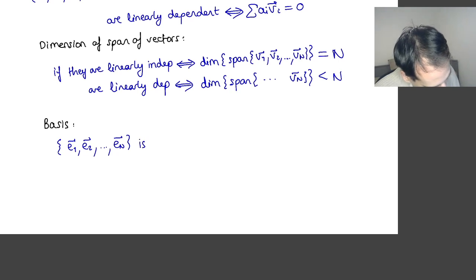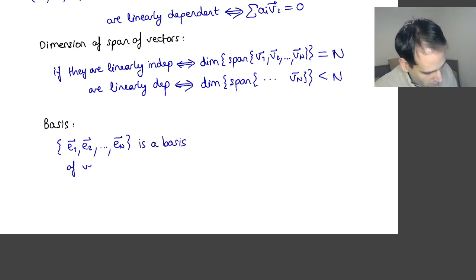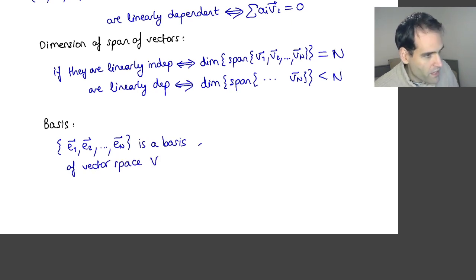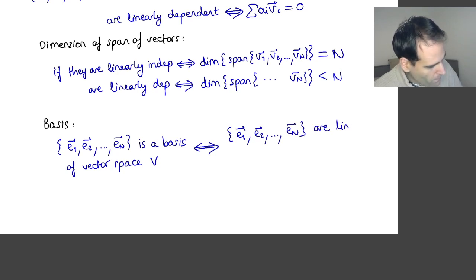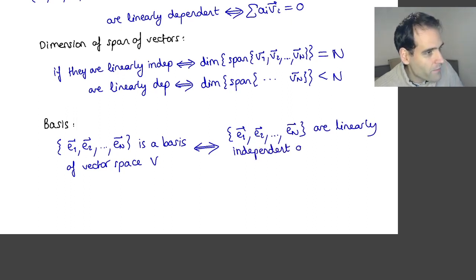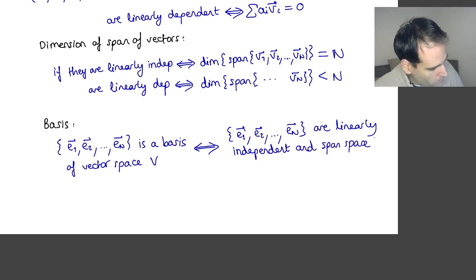So this set is a basis of a certain vector space V if and only if all these vectors are linearly independent and they span the space V.